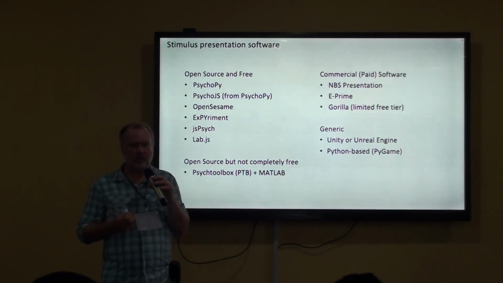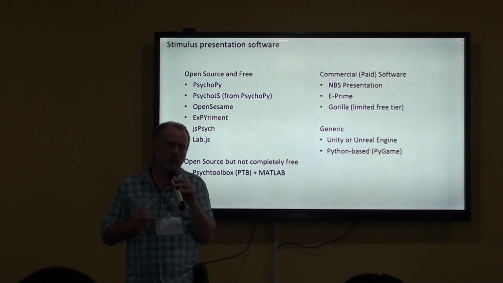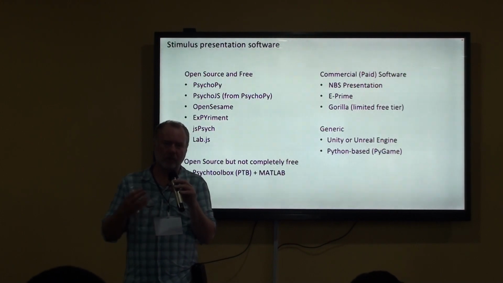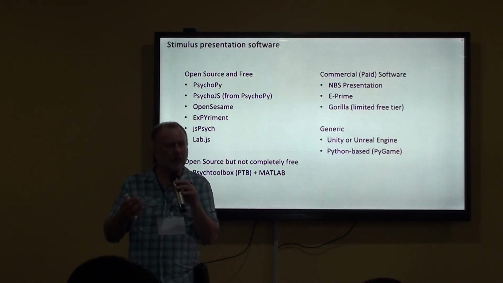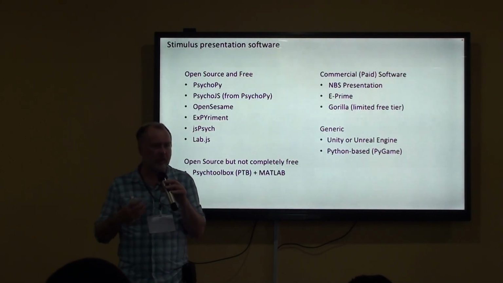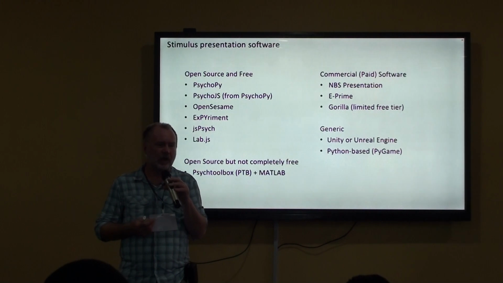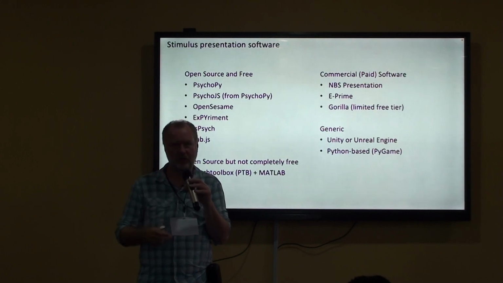There are many different software packages. Some of them are open source and free, and some of them are commercial and paid. Yesterday we used PsychoPy. PsychoPy is for behavioral experiments in Python. PsychoPy also has a sibling, PsychoJS. PsychoJS is implemented in JavaScript, and it is designed to be used in a web browser for behavioral tasks that you run over the internet.